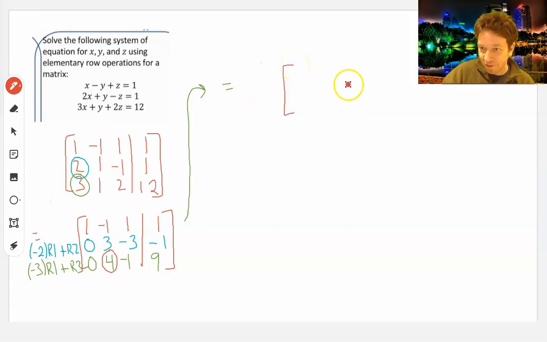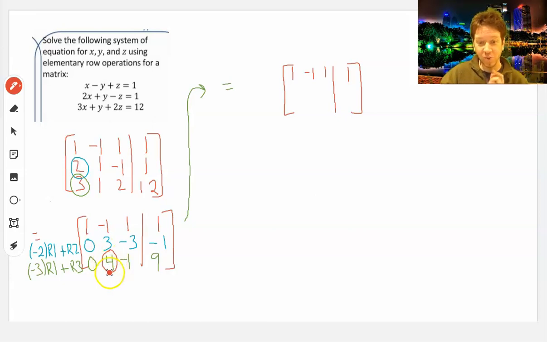Now you might look at it and say, oh, if you look at row 1, you could simply multiply row 1 by 4 and add them. Yes, you could do that, and you would get a 0 here. But here's the problem. If you multiply row 1 by 4, look what happens to your x term. You'll get 4 plus 0. So you lose your 0 there. So what we want to do is work with row 2 and 3 so that these zeros stay.